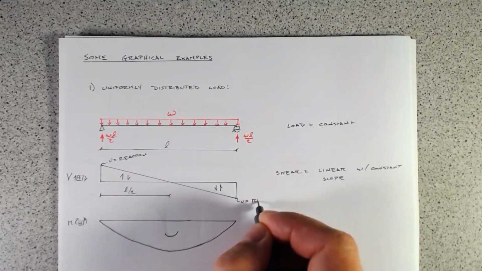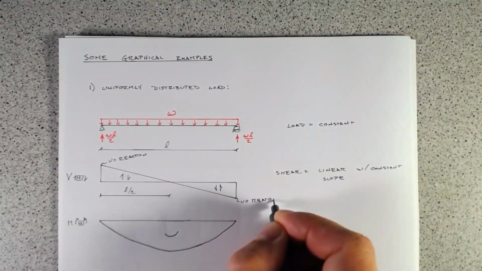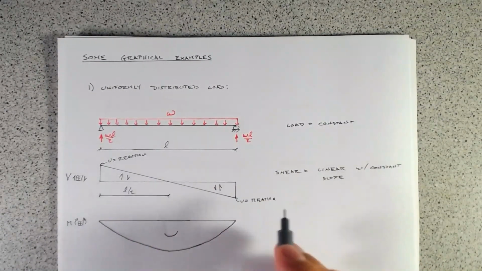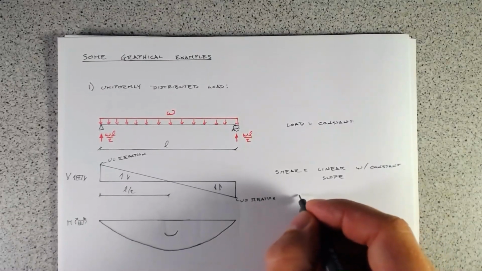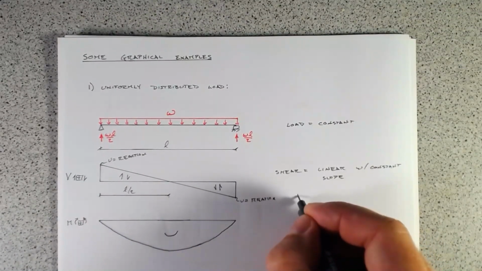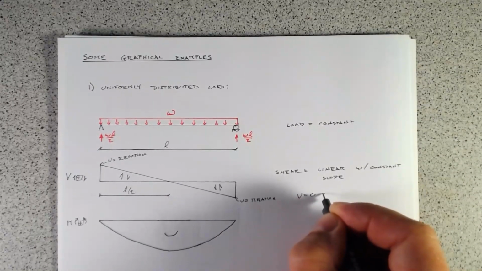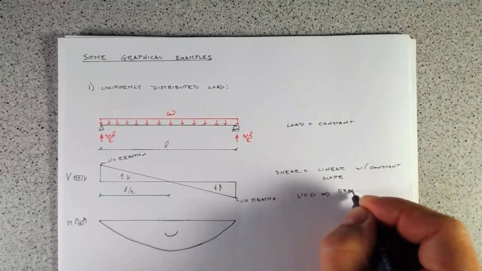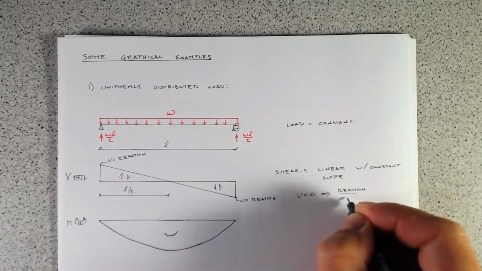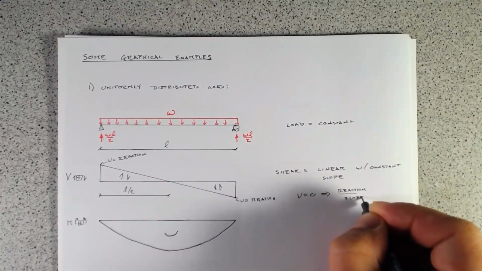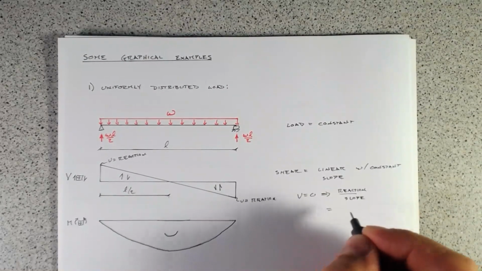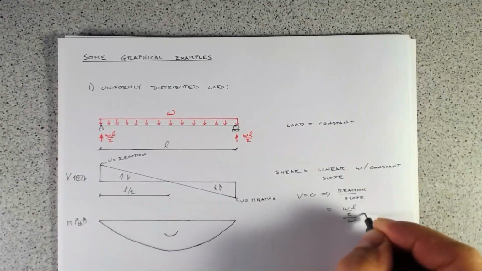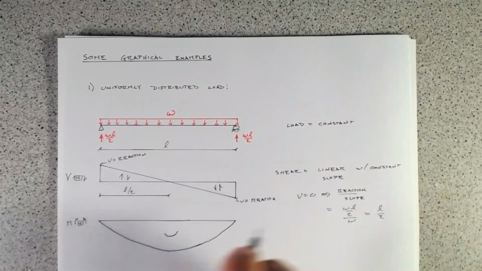And so again, when V equals 0, the location is just going to be the reaction divided by the slope, and that equals WL over 2 divided by W, which equals L over 2.